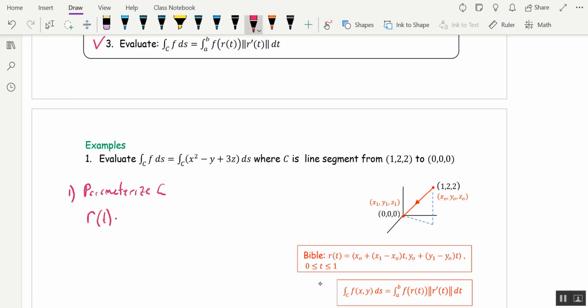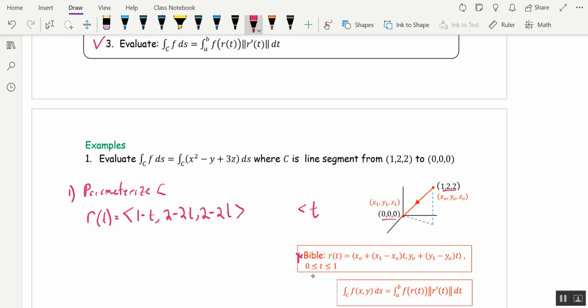r of t is, I'm using this formula right here, and my x naught, y naught, z naught is 1, 2, 2, and x1, y1, z1 is 0, 0, 0. The order is important. So if I use that Bible formula, I get 1 minus t, 2 minus 2t, and again, 2 minus 2t for z.